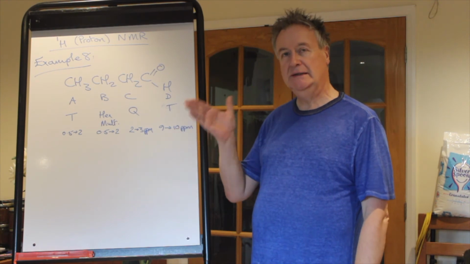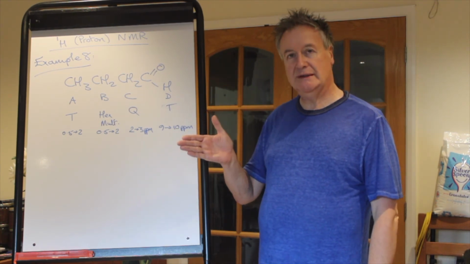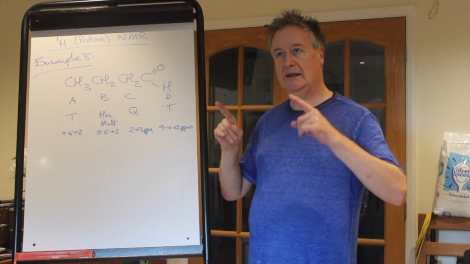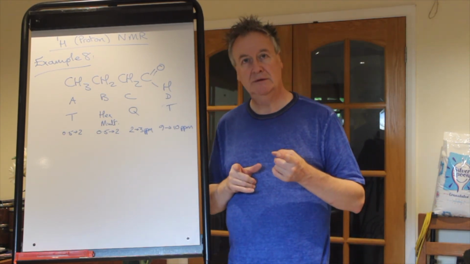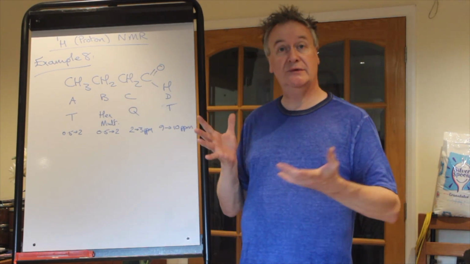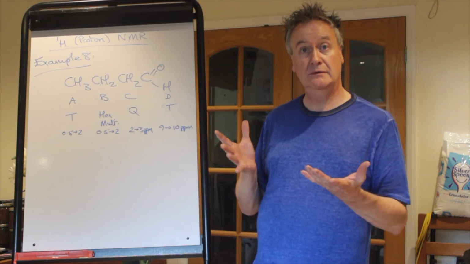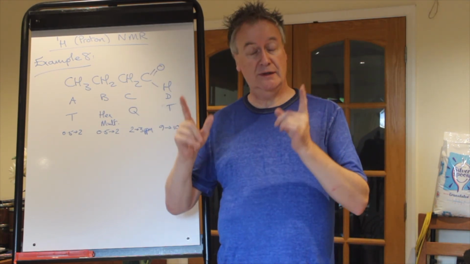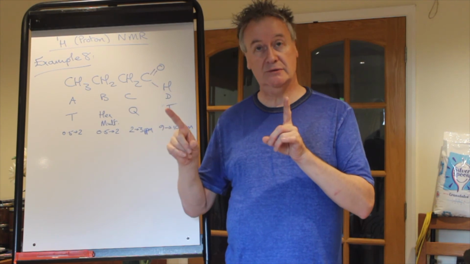Example 9, I'm not going to give you any clues what it is. You're going to have to use the spectrum and predict what molecule it is. So I'm not even going to write anything on the board, I'm just going to say example 9, which will come up shortly. The proton NMR spectrum will come up on the screen.